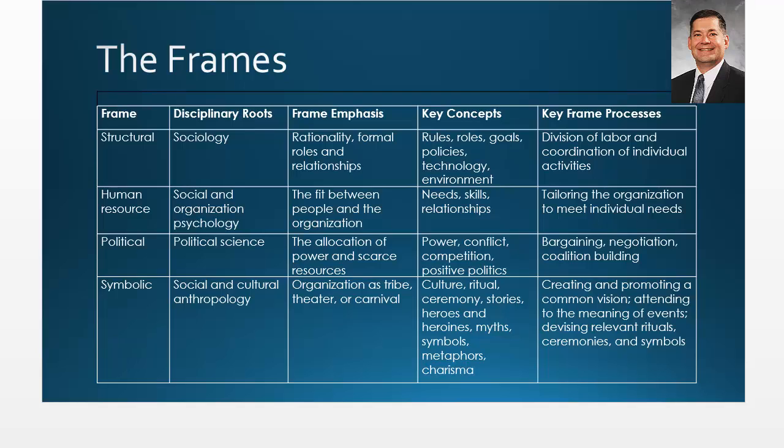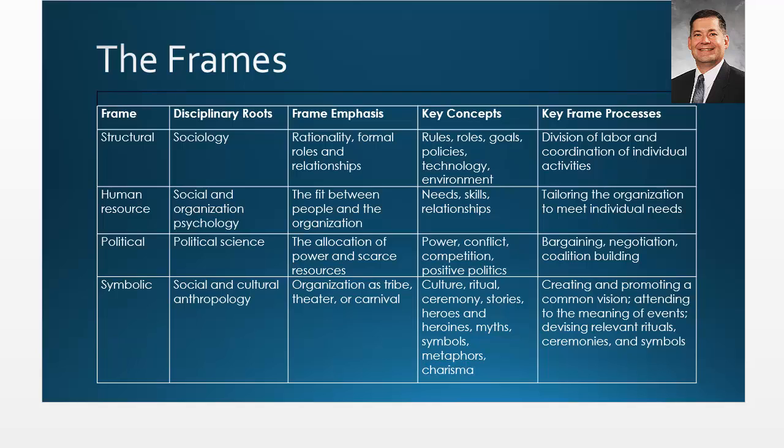The first frame, the structural frame, is one that we're probably very comfortable with because we see lots of artifacts associated with this within a particular organization or a company. So there's going to be an organization chart. There's going to be some set of roles and responsibilities and relationships that are formal, with authority vested in those roles. And that allows the organization to operate.